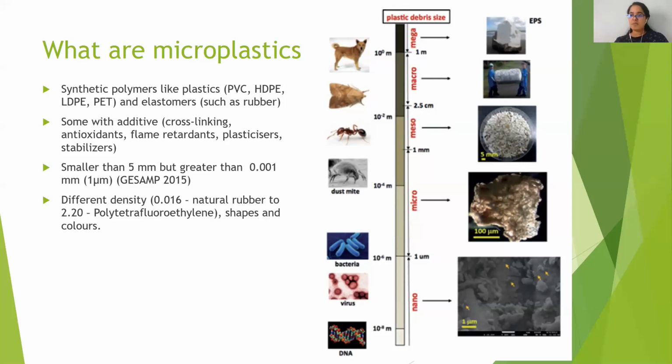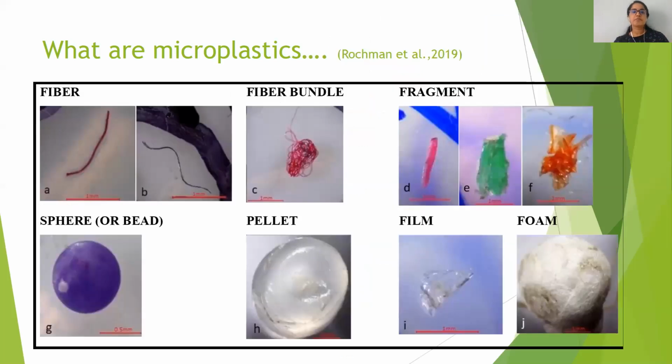So plastics come in different types and have different densities. Your microplastic itself comes in different shapes, and it also has different colors. And I've mentioned that anything smaller than 1 micrometer is referred to as nanoplastics.